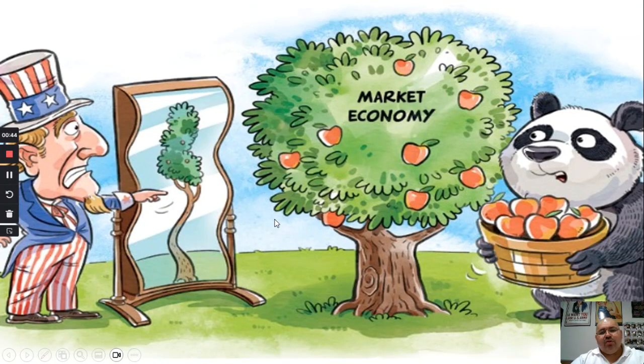Now, here is your warm up picture. The question I'm asking you is quite simple. What is the difference between how the panda sees the tree and how Uncle Sam sees the tree? Uncle Sam is the guy with the hat, just in case you don't know. So he's looking at one tree, the panda's looking at the other. Look at those trees and tell me some differences you see.